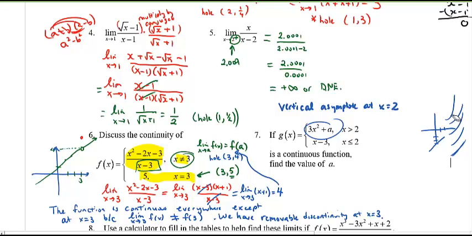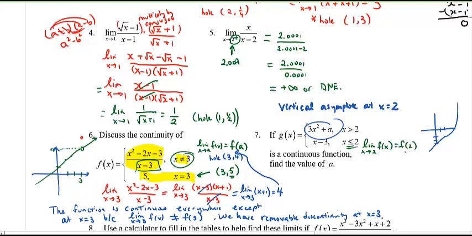The question is, what must that value of a be so that they actually connect and make this a continuous function? So once again, the careful reasoning behind this is we need to look at what particular value of x. x equals 2. And then once again, let's find the limit as x approaches 2, and let's make it equal to the value at 2. Now, what we need to do to make sure it's continuous at 2 is we need to figure out the limit as x approaches 2 being equal to the value at 2.